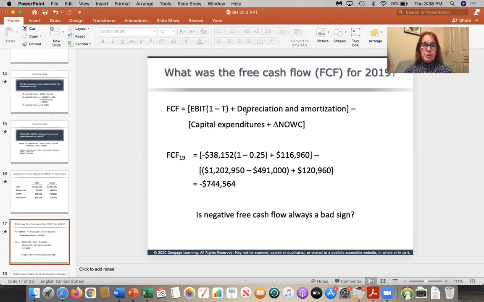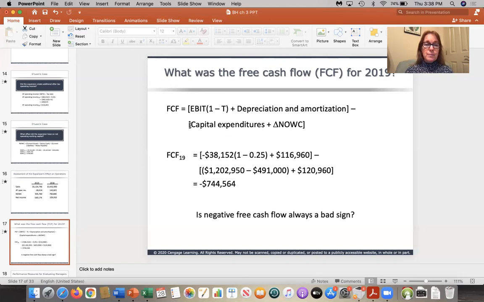Okay, so think about this, just forget about the math and think about the big picture. What does this actually mean? Well, we're taking their operating income, so their income from operations, and we're adding depreciation because they never had to pay that. That's a non-cash expense. Then we're subtracting out the money that they've spent on capital.